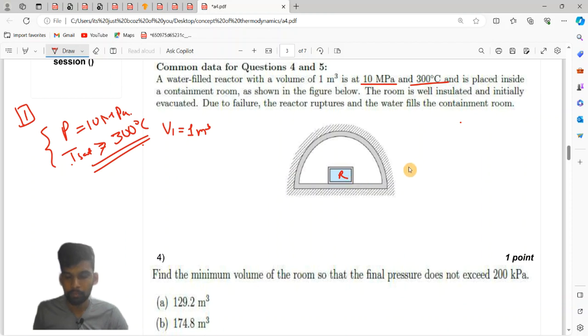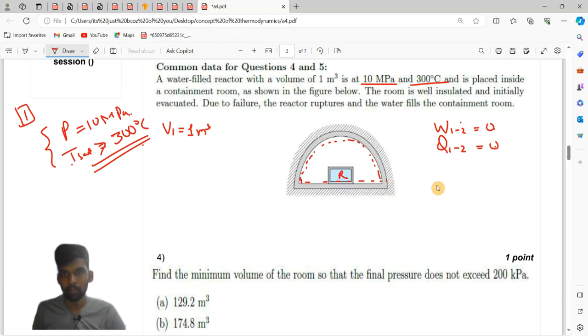This expansion is not registered by the surroundings because they are evacuated, so the free expansion is not associated with any work. Work done will be 0 from state 1 to 2. Similarly, our system is insulated, so heat transfer is 0. No energy can flow in either as work or heat.